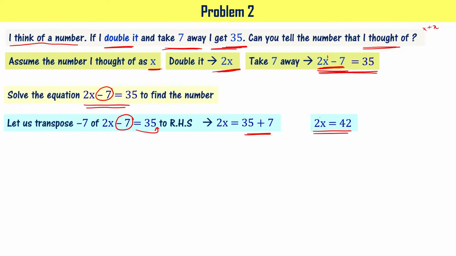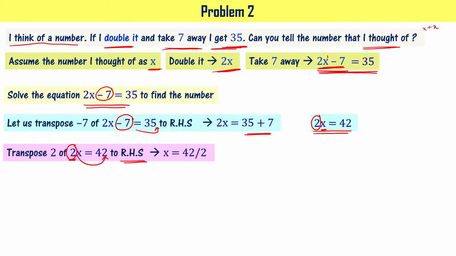Now when you observe this, 2 is multiplying variable x, right? Let's transpose 2 of 2x equal to 42 to right hand side. When you do that, this 2, when it comes onto this side, it is going to divide number 42, right? So x is going to be equal to 42 by 2, that is 21. x equal to 21, right?